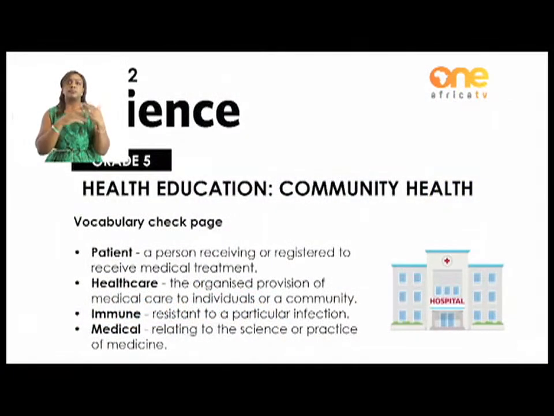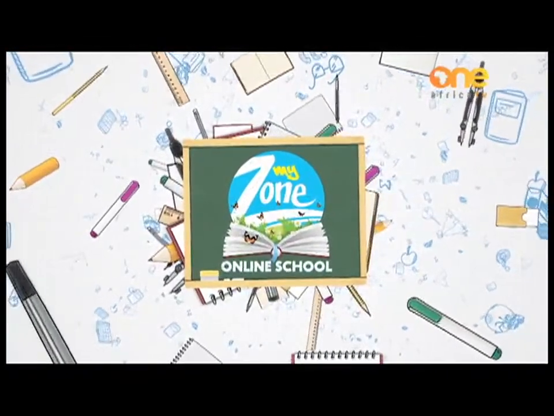What is healthcare? The organized provision of medical care to individuals or a community. What is immune? Resistant to a particular infection. Medical. Relating to the science or practice of medicine.